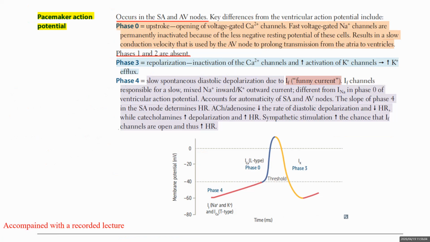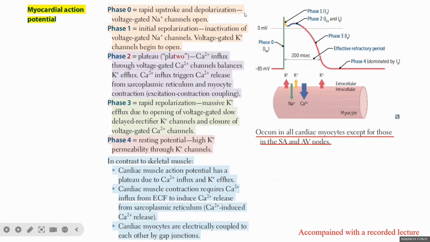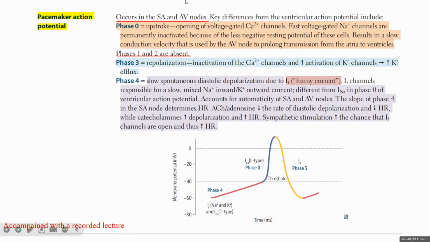Another difference is that the depolarization is mainly due to calcium influx, not sodium influx. In the ventricular myocytes it was because of sodium influx, but here it is calcium influx.